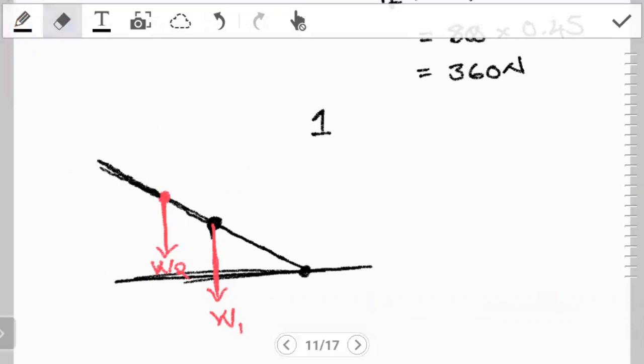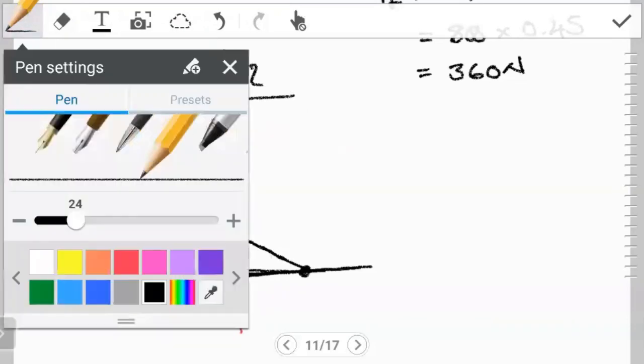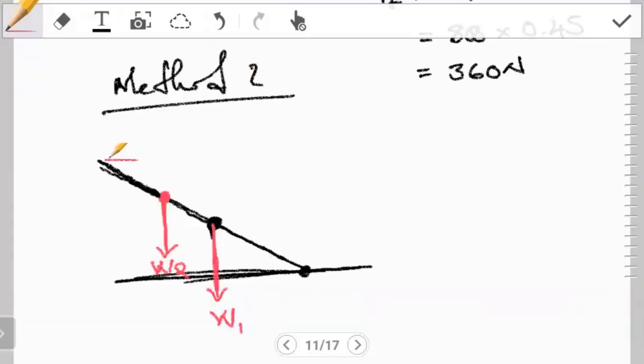Let me remove this, I'll write it somewhere at the top. So N2 is somewhere this side, acting from the wall, in this direction.